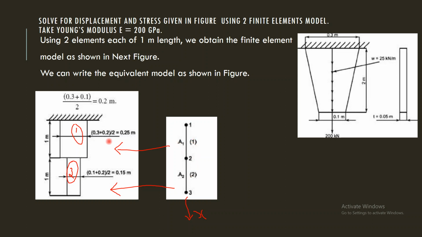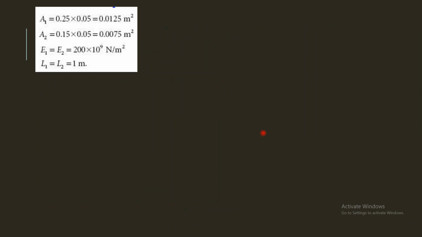Cross-sectional area 1 and area 2, I need to calculate. Just multiply by thickness to this part. So what about the length of element 1? That is 1 meter, and the length of element 2 is also 1 meter, because the total length is 2 meter. So area 1 is 0.25 into 0.05, where I multiplied the thickness.